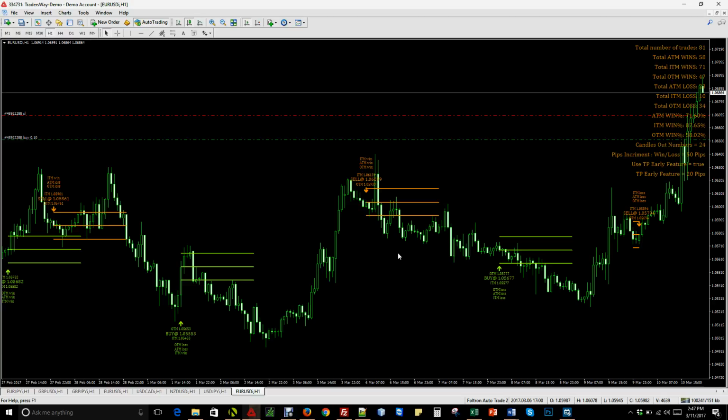Another way that you can do it is to set multiple orders. So let's say you take 4 trades per signal. Let's say you open up 4 different positions, okay, all in the same one. Your first one would have a take profit of 20. Your next one would have a take profit of 40. Your third one would have a take profit of 60 or 80.